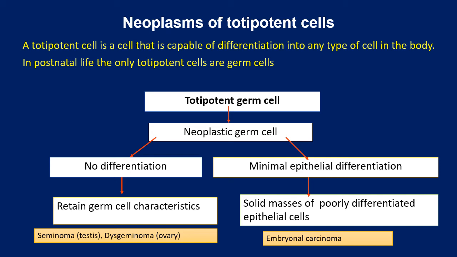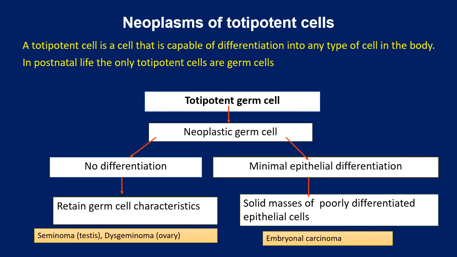And if the neoplastic germ cell has no differentiation, it remains the same, with no differentiation into other types of tissue, we call it undifferentiated. Okay, so it retains germ cell characters like seminoma in the testis and dysgerminoma in the ovary.